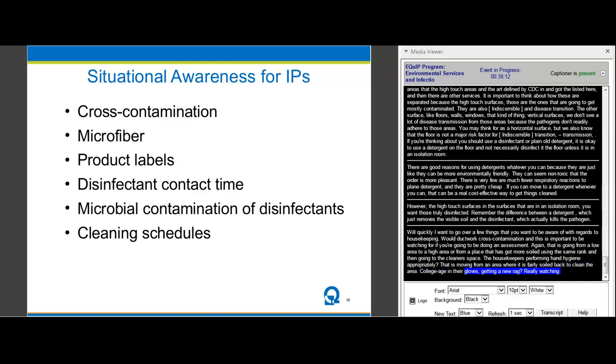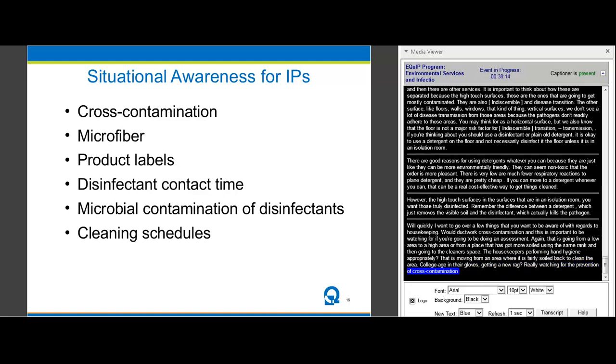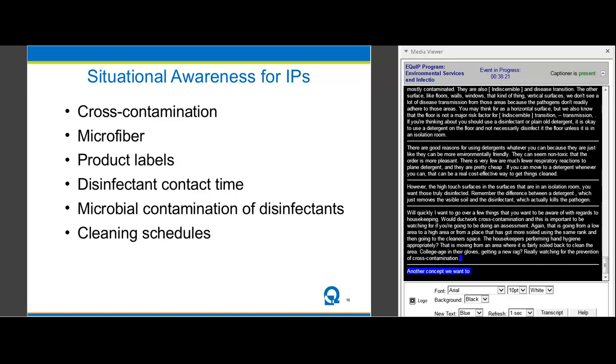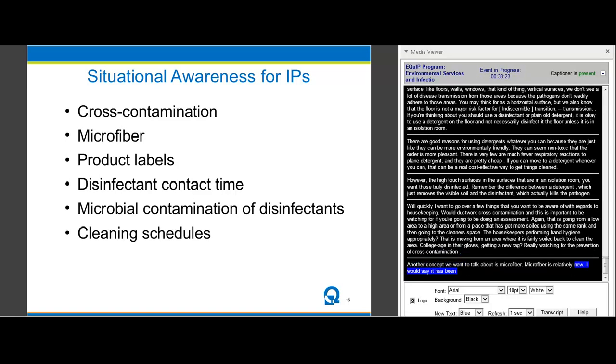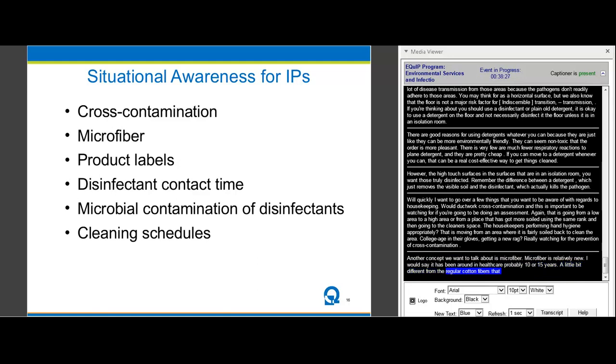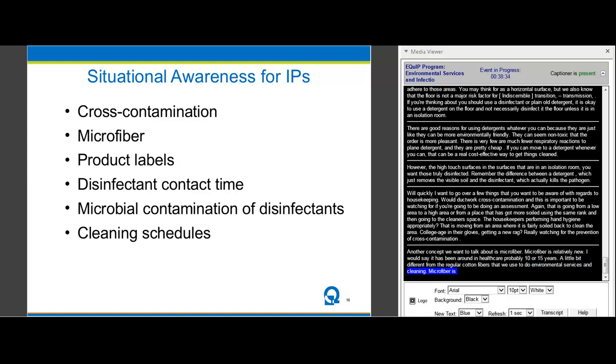Another concept we want to talk about is microfiber. Microfiber is relatively new. I'd say it's been around in healthcare probably 10, 15 years. A little bit different from the regular cotton fibers that we use to do environmental services and cleaning. Microfiber is a really tightly woven polyester or nylon textile.